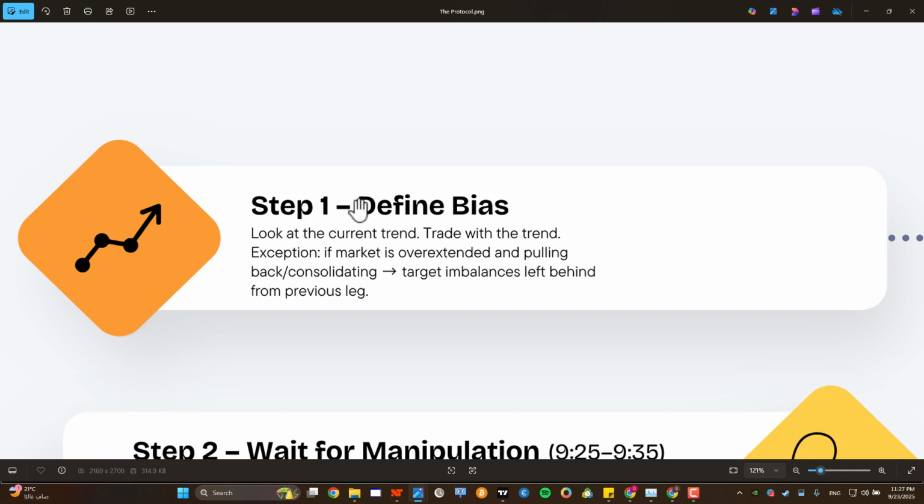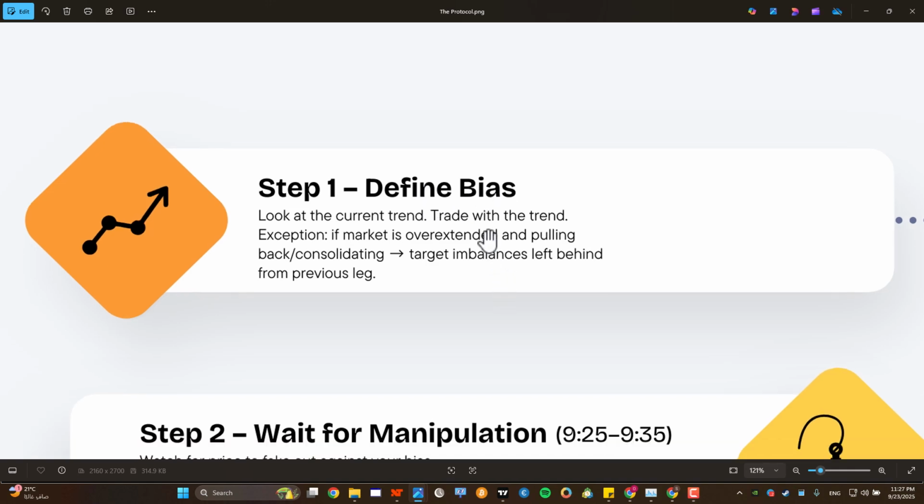There are no extra tools that you need, just a simple idea whether we want to go up or down, because the other steps are going to confirm the bias. So you don't need to have 90% accuracy on determining the bias. You're going to let the other steps confirm that. So look at the current trend. That's the easiest way to define the bias. Just look at the current trend and trade with the trend.